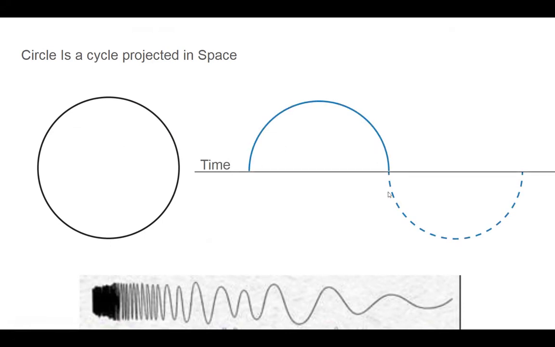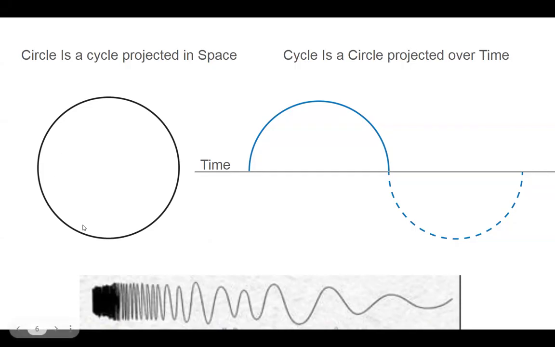It goes up, it goes down, so it's moving over time. Here we have it in one place, so it's in space. Here, the same cycle is moving over time. So a cycle is a circle projected over time. Time, meaning the movement from one space to another, we measure this in time.